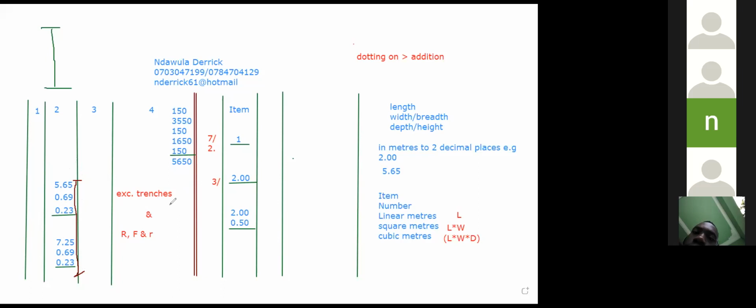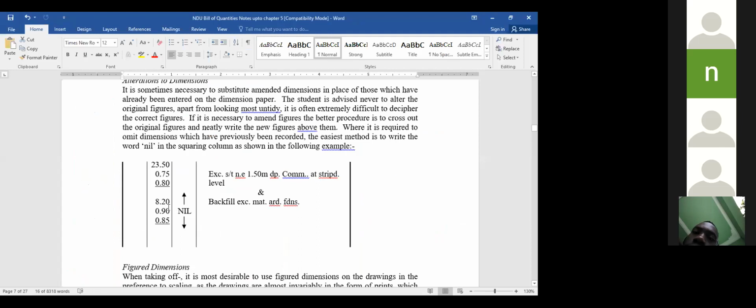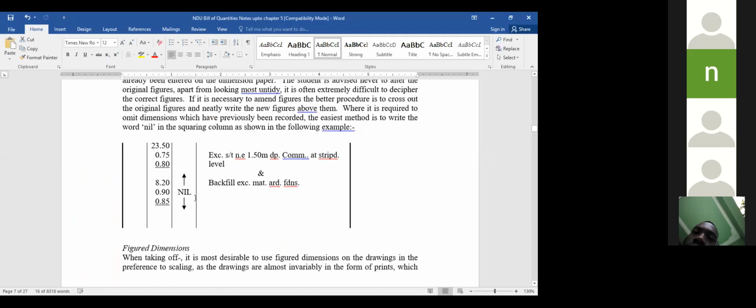Also, the description and my dimensions are in the same line. It's not that the dimension is here and the description is up or down. No, they are in the same line. So we use the term nil to show that this is wrong and so on.